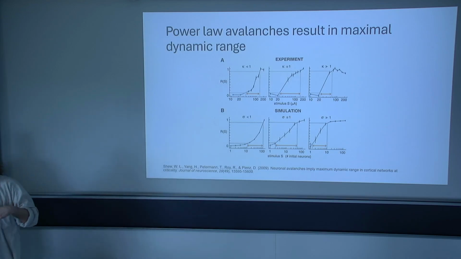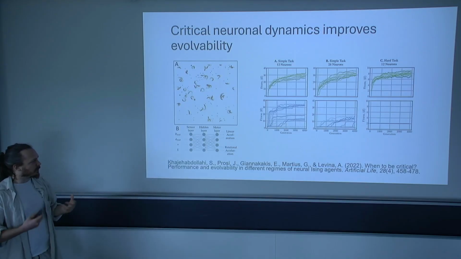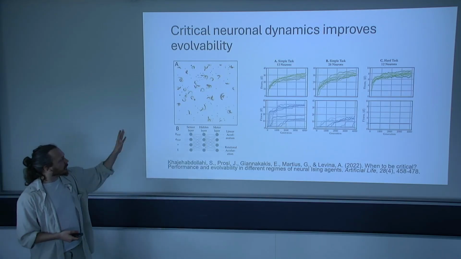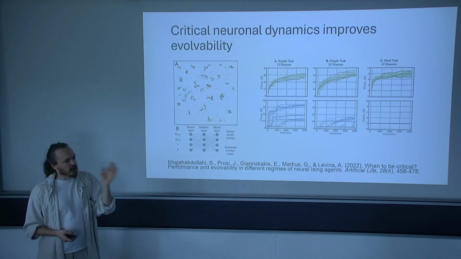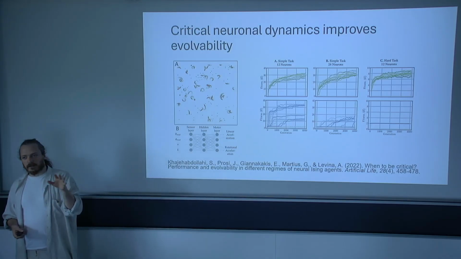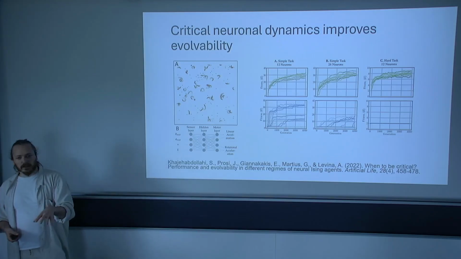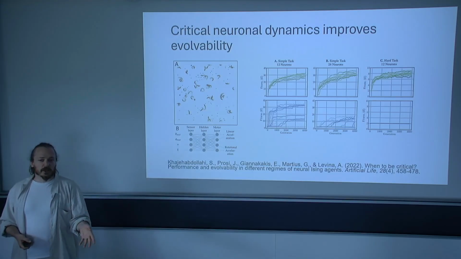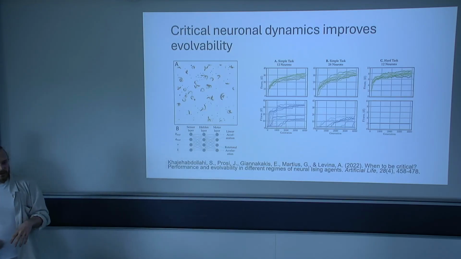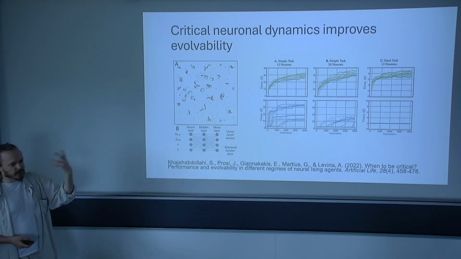Bringing it to some maybe more ALife related stuff, this is also a paper where they showed that if you have a critical phenotype, in this neural Ising model, if the activity of the neurons is critical, it's much easier to evolve better performance. So it has an effect past just this dynamic range that we're looking at.